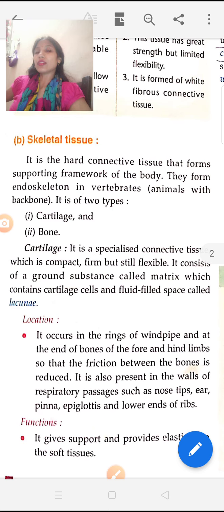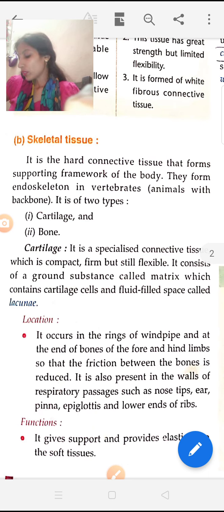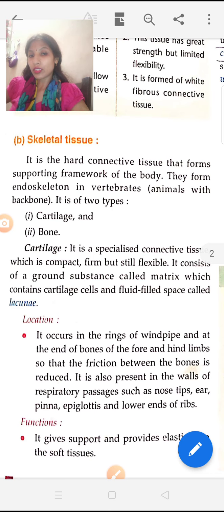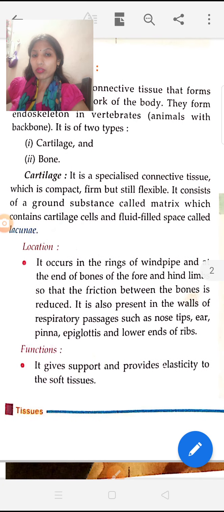The skeleton is of two types, the endo and the exo, right? That you will study in the higher classes. In the vertebrates, what is the meaning of vertebrates? The animal with the backbone. So the skeletal tissue is again two types, the cartilage and the bone. First we will discuss the cartilage.